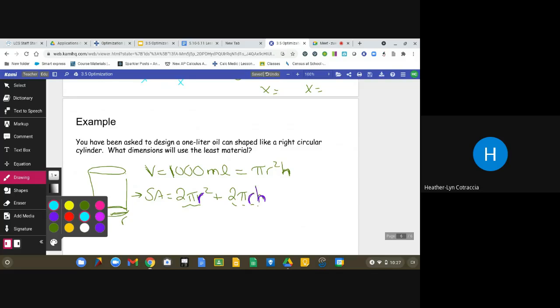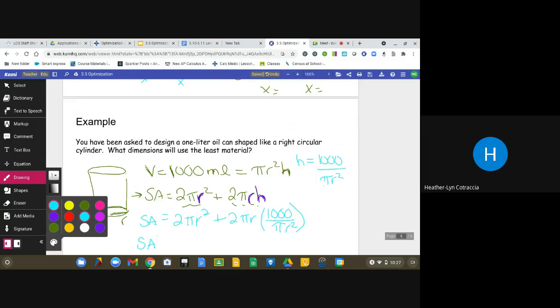I think I usually do h, but it's fine. So h will equal 1,000 divided by pi r squared. And then I'm going to plug that in. So I get 2 pi r squared plus 2 pi r, and instead of h, I'm going to have 1,000 all over pi r squared. Okay, so that's what my surface area is.